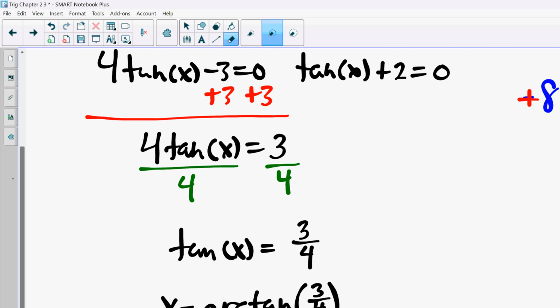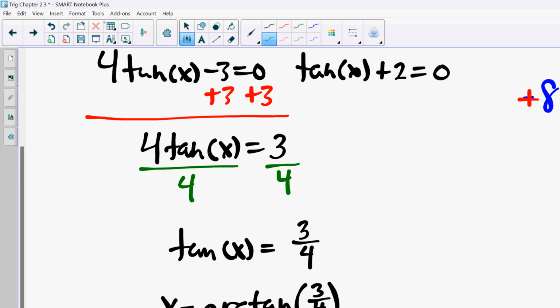So we have this here. Now this will give us one specific value. And we'll deal with that here in a minute.